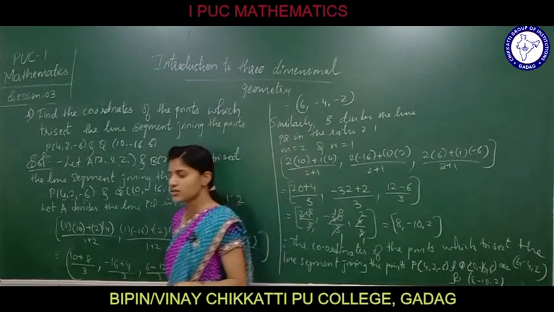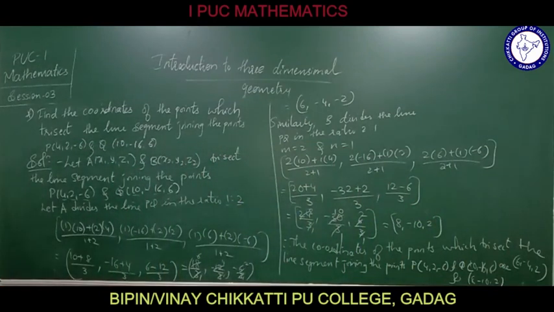These are the coordinates of the points which trisect the line PQ.